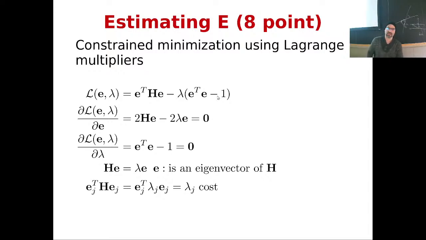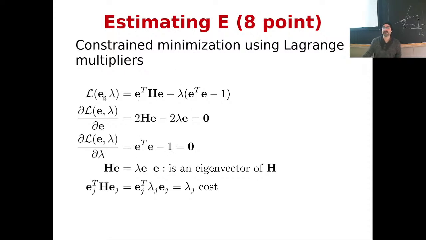So how do you do? If you look in Analysis 2, I think, you have studied the Lagrange multipliers. Do you remember them? Lagrange multipliers is a way of carrying out constrained minimization. This is the function I want to minimize, and this is the constraint that I want to be respected. Okay?